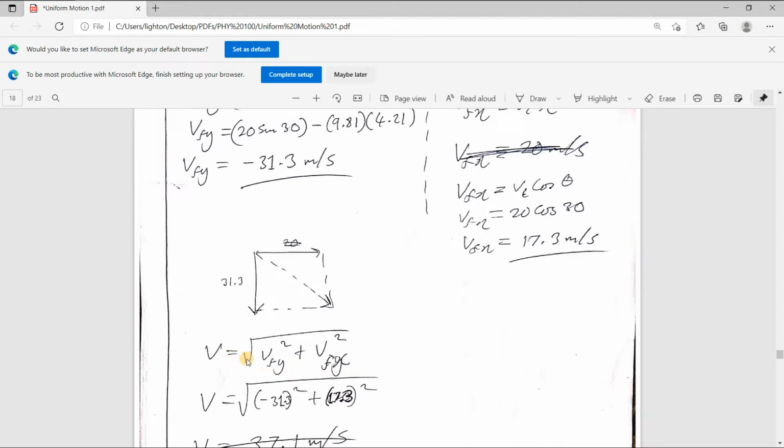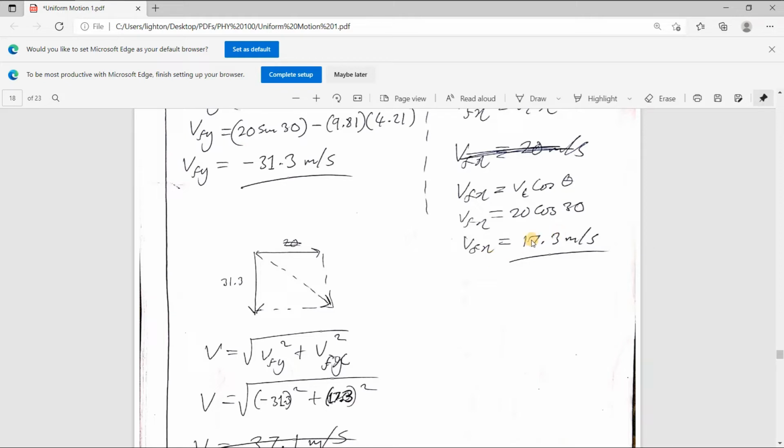So this diagram is just showing you the vector directions in which these velocities are pointing. When you look at this 31.3, it is pointing downwards because we have a negative v.